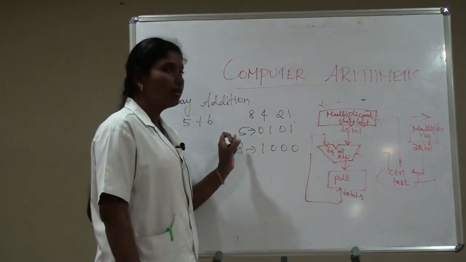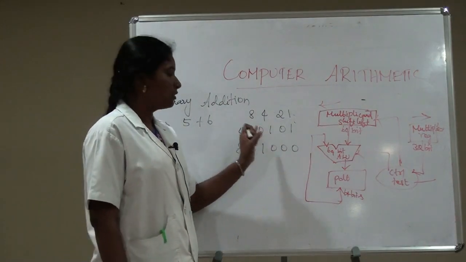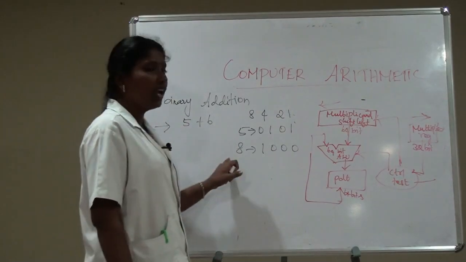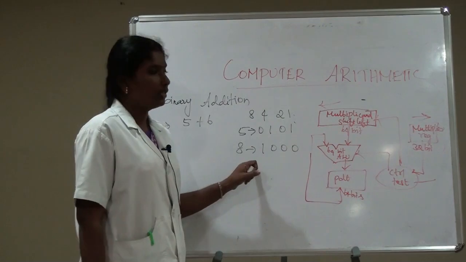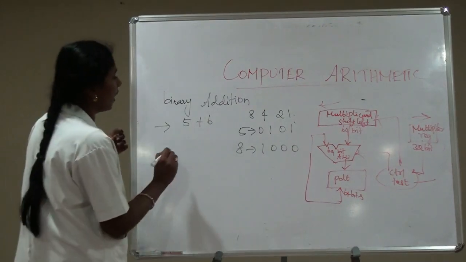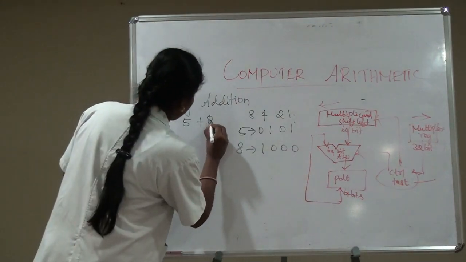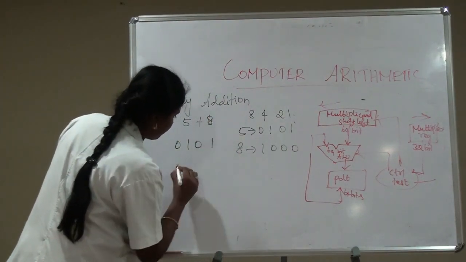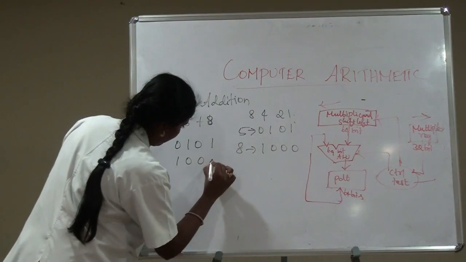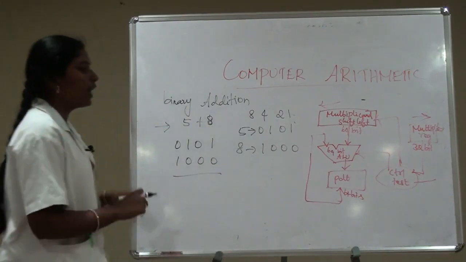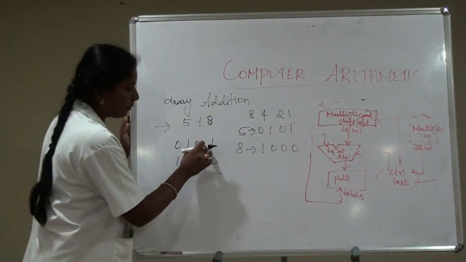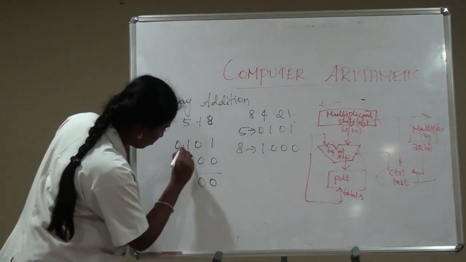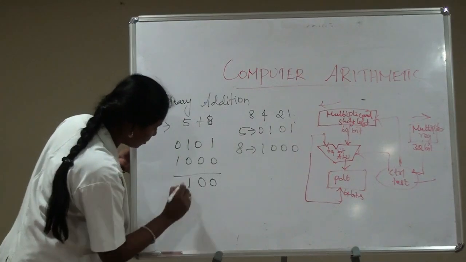I have to convert 5 into binary form representation and 8 into binary form representation. How to add these 2 values? How to add 5 plus 8: 1 plus 0 is 1, 0 plus 0 is 0, 1 plus 0 is 1, 0 plus 1 is 1.